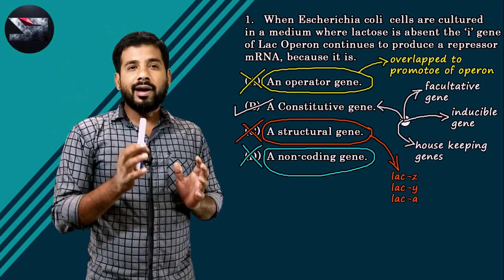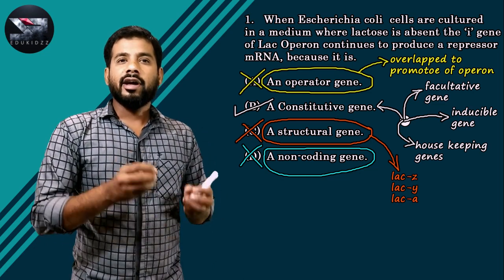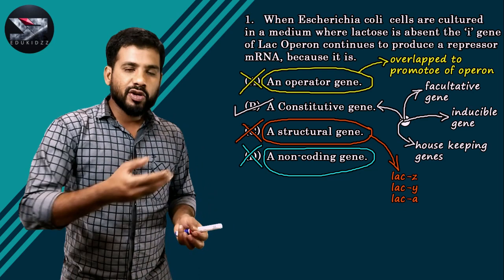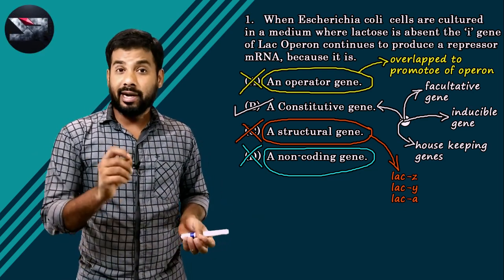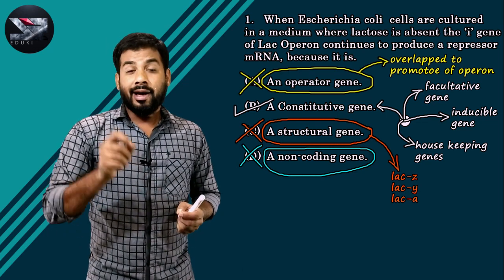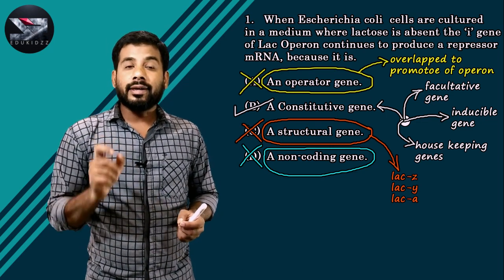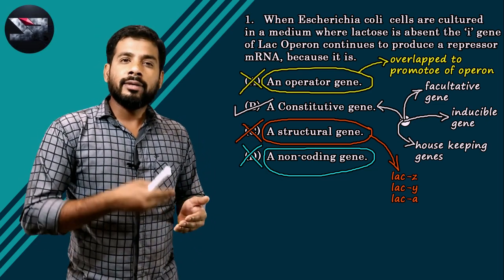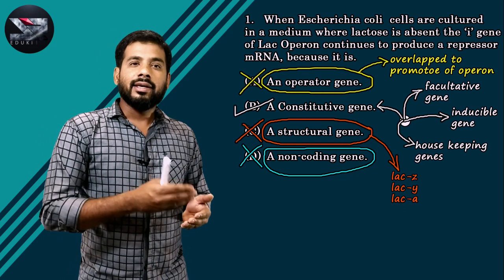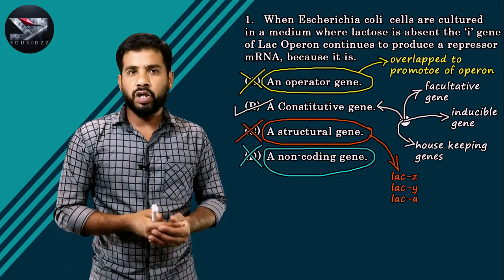First of all, a constitutive gene is one which is transcribed continuously irrespective of any environmental condition and irrespective of any situation. That means in the Lac Operon, the I gene or regulator gene is categorized as a constitutive gene. Why? Because it goes on producing repressor protein even in the absence of lactose. So this is what a constitutive gene is.